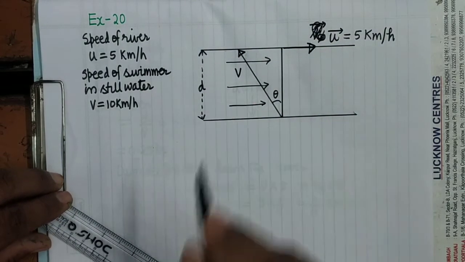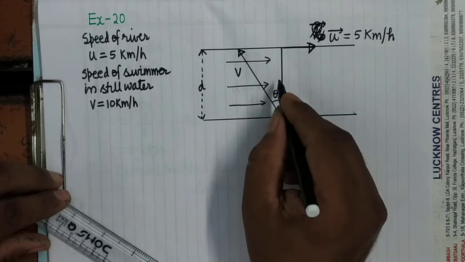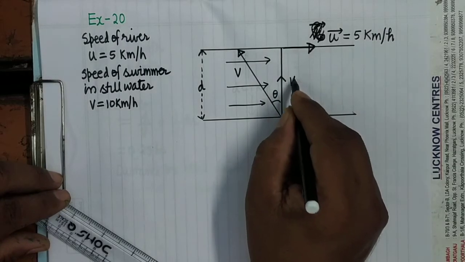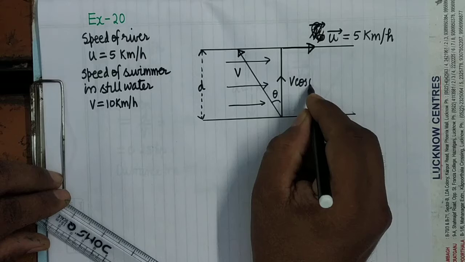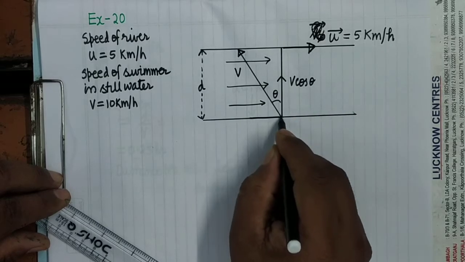So we can resolve this velocity into two components. One is v cos theta and the other is v sin theta.